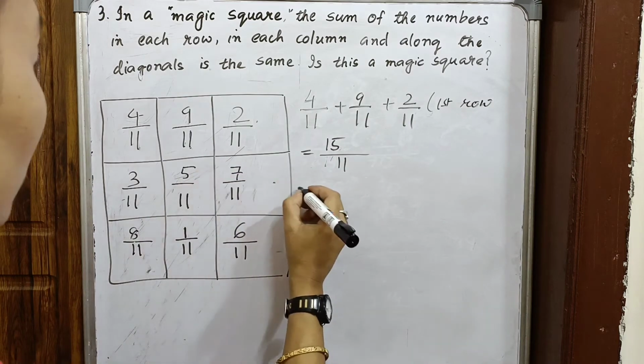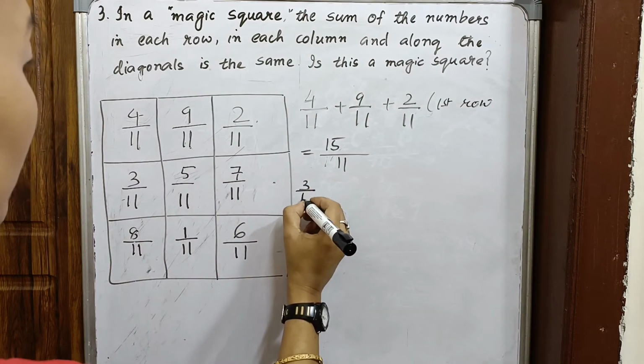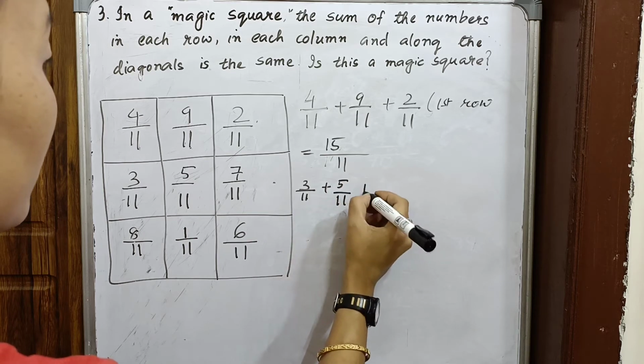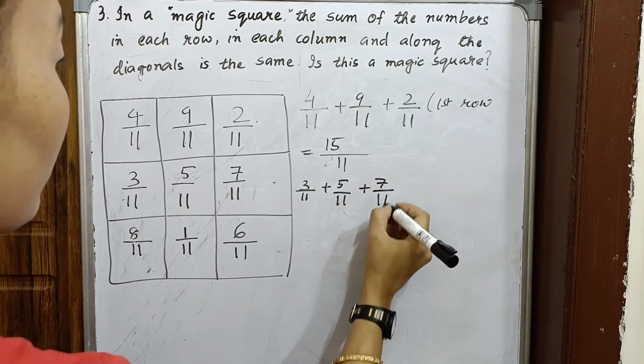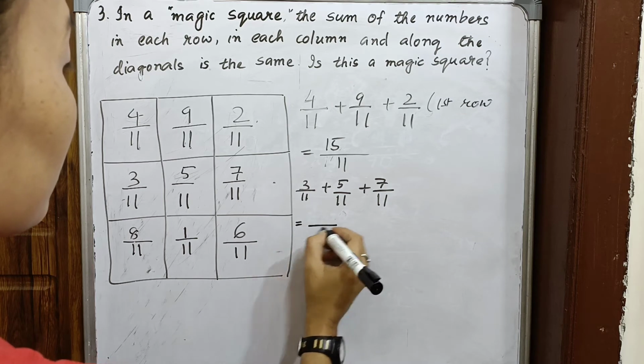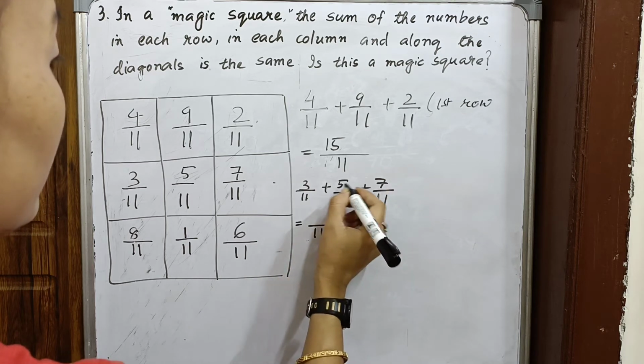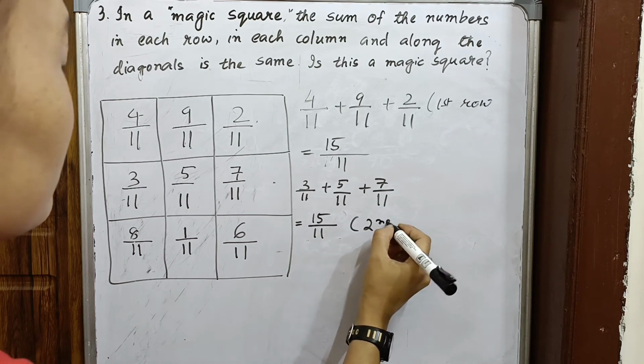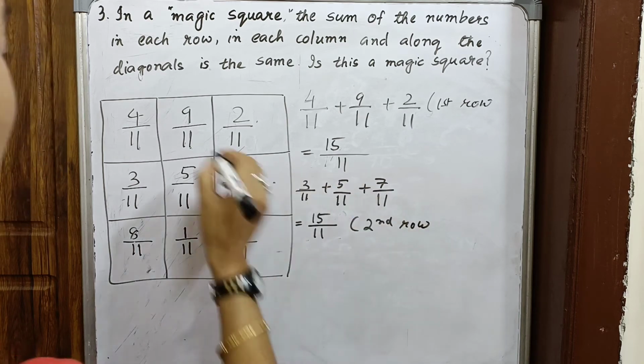Now for the second row, 3 by 11 plus 5 by 11 plus 7 by 11. It is also, I think, 7, 8, 9, 10, 11, 12, 13, 14, 15 in the second row, which is same like the first row.